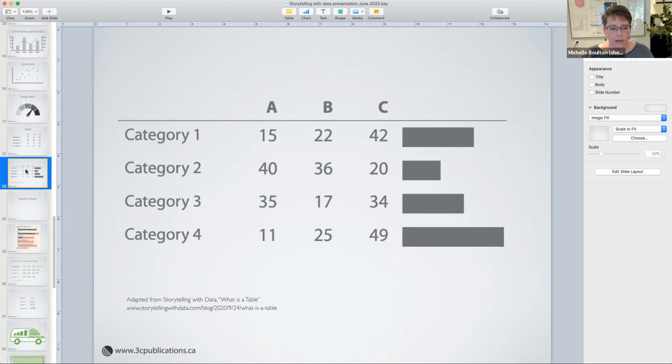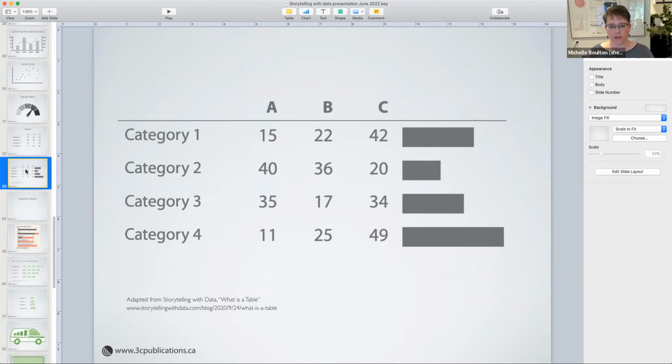So we can, however, combine some elements of charts and tables. And this is just one example where we've got our table, but then we've added a graph at the bottom, at the end. So we've got the graphical element, which is quick and easy, and we've got the table, which provides the precise details.